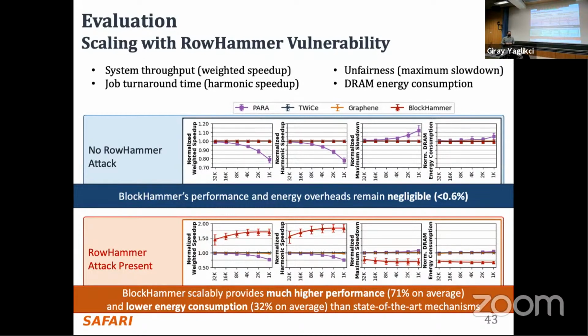So for a benign application to reach that hammer count, actually, first your row buffer locality should be terrible, for example. And it also depends on how you map your row data into different DRAM rows, columns, banks, and stuff, right?